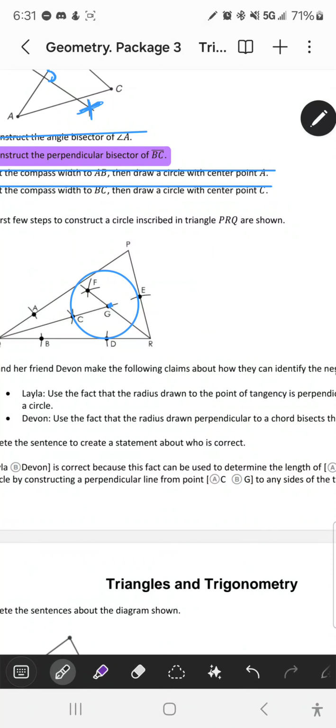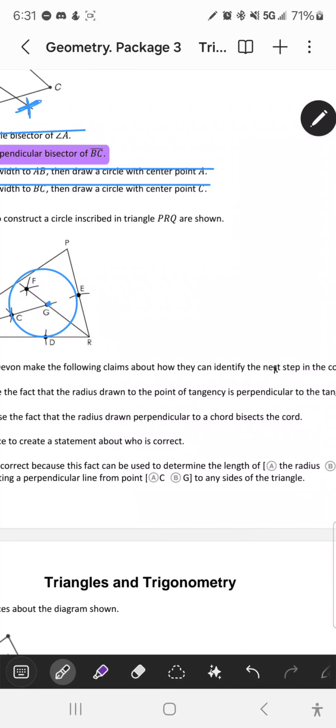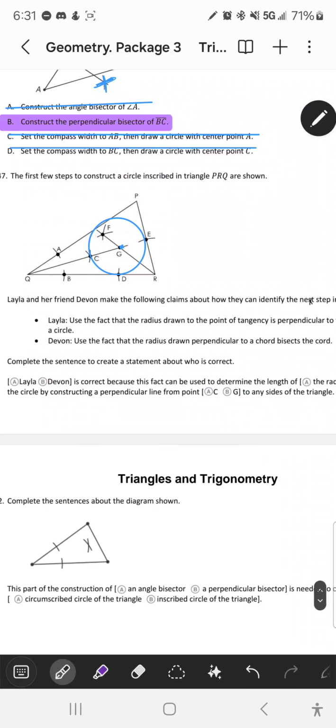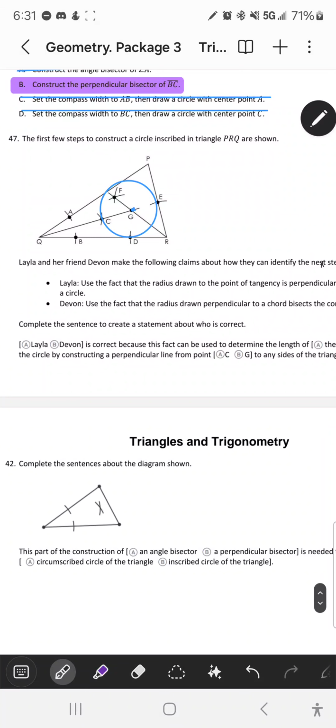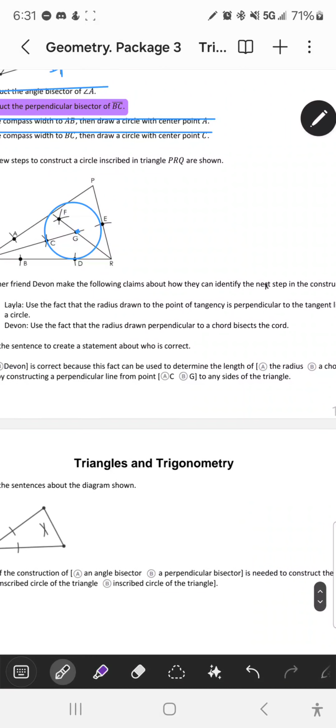Okay, I'm blind. Let me read this again. Devon used the fact that the radius drawn perpendicular to the chord bisects the chord. Complete the sentence to create a statement about who is correct. So, Laila or Devon is correct because this fact can be used to determine the center of the circle by constructing a perpendicular line from the center to any side of the triangle.